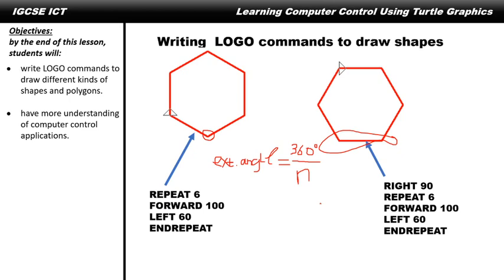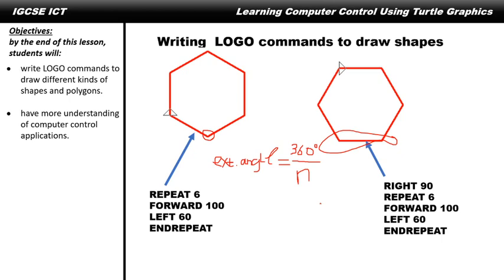So for any regular polygon, all you need to do to know the angle you are going to use is to divide 360 by the number of sides. In this case I used 360 divided by 6, which gives us 60.